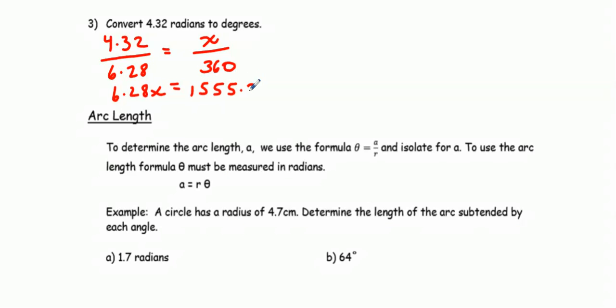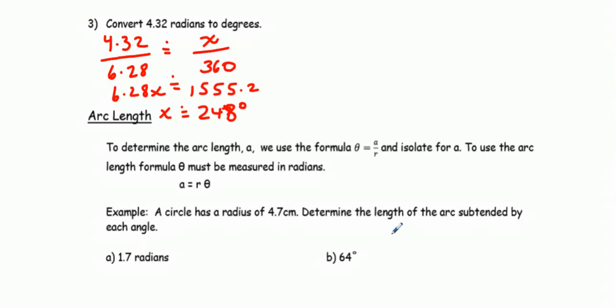So I'm going to use an approximate sign all the way here, and then x when I divide through by 6.28 is 247. Let's just leave it at 248 and round up to the nearest degree.